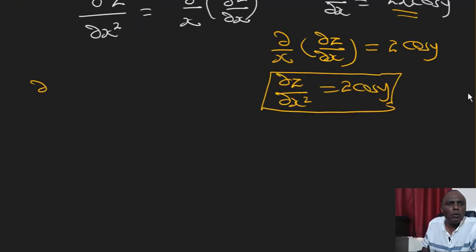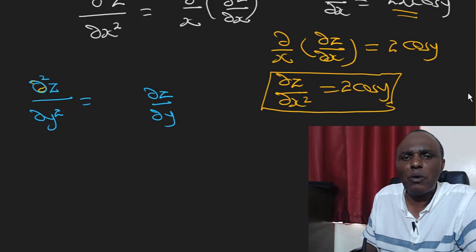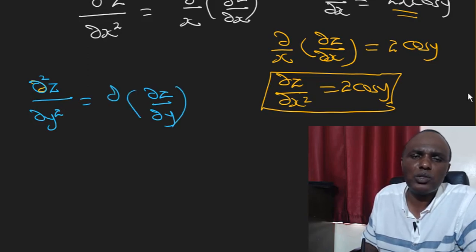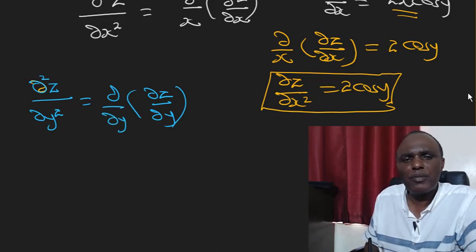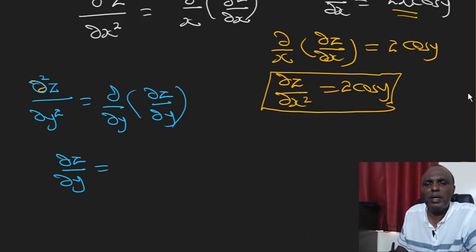We want to get ∂ squared z over ∂y squared. Also here we are supposed to get ∂z over ∂y of that function, then we differentiate it again with respect to y. Let us start with ∂z over ∂y of this function, and remember, the function is z equals x squared cos y.